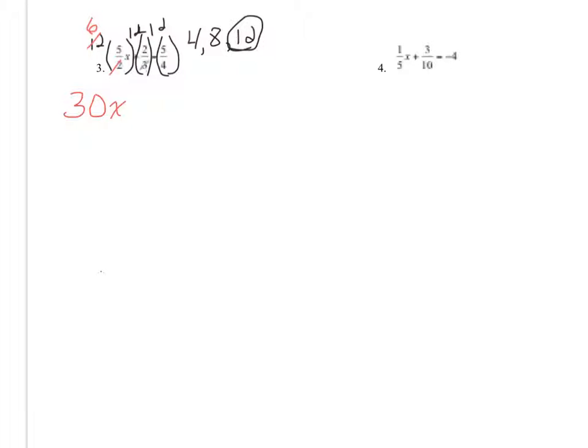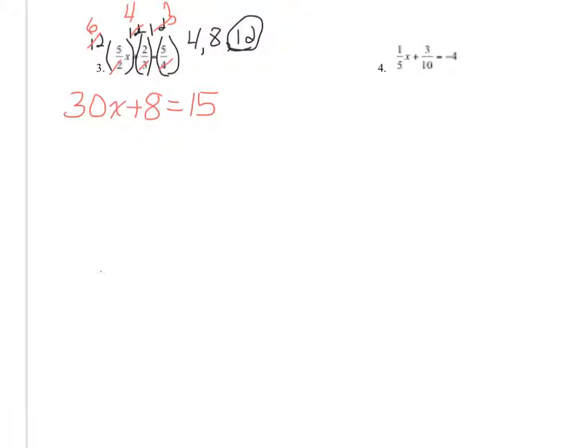Okay, 3 goes into 12 4 times, and you're going to do 4 times 2, and you get plus 8. Then last, you have 4 goes into 12 3 times, and 5 times 3 is equal to 15. Sorry, that's a little smushy, but it's small and I'm writing with a stylus.